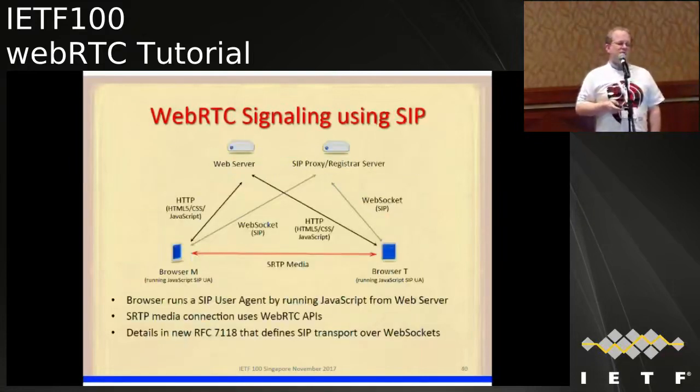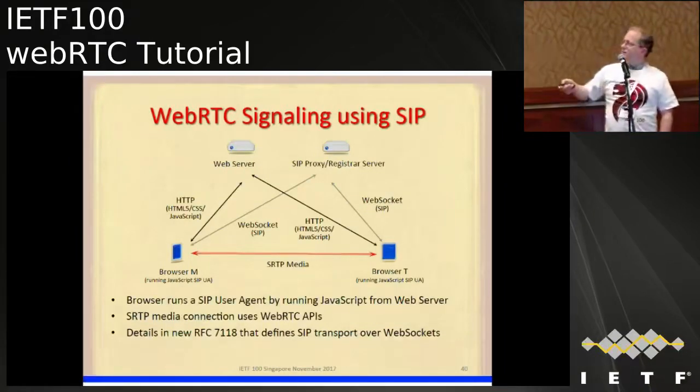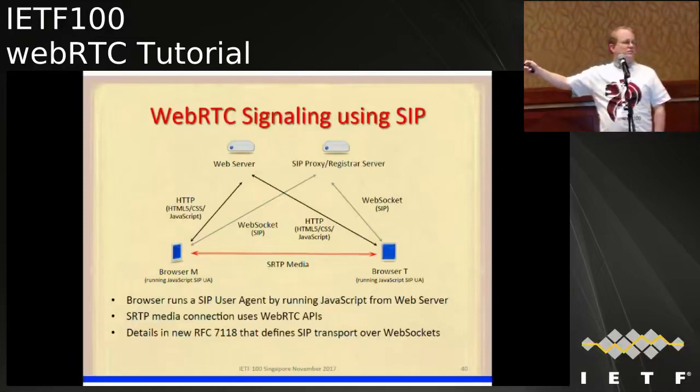Here's one example, right? So if we're signaling using SIP, we've got some SIP library in JavaScript here. And so we have the web server as usual that the HTML application comes from. But then for the signaling, the library that we have is set up to contact a SIP proxy or registrar server just as you would normally for SIP.